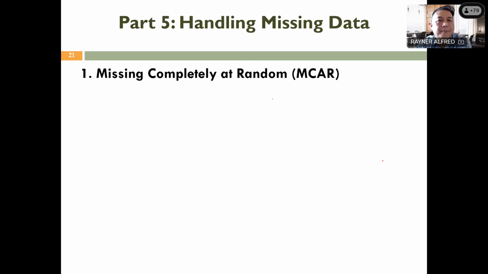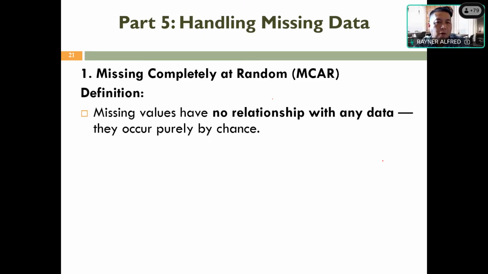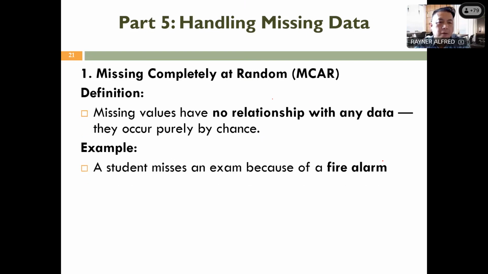Okay, so the missing data occur due to the first one, which is missing completely at random. We don't know why. So this missing value has no relationship with any data in your dataset. They occur purely by chance. For instance, a student missed an exam because of a fire alarm.